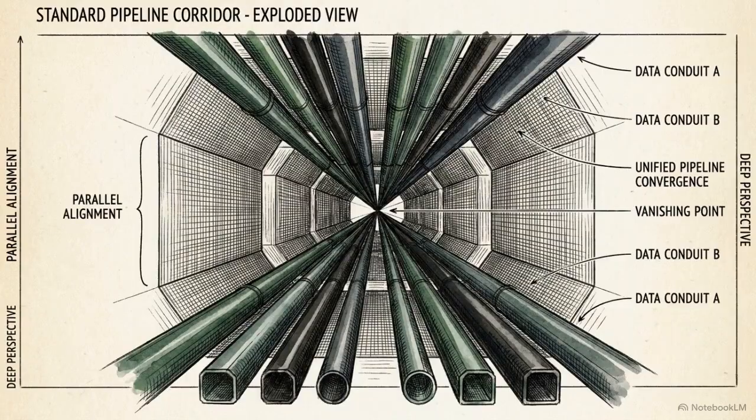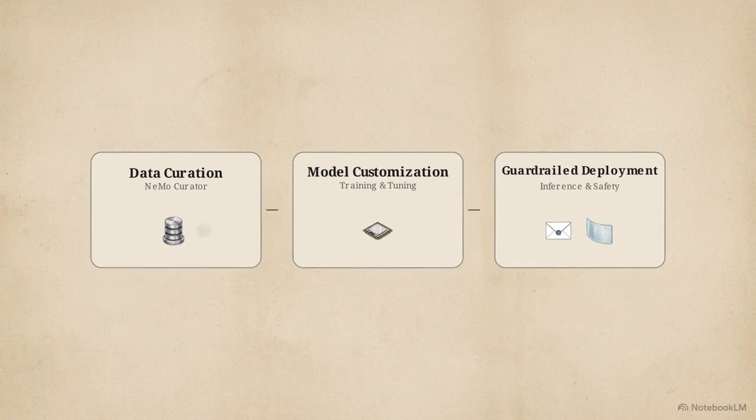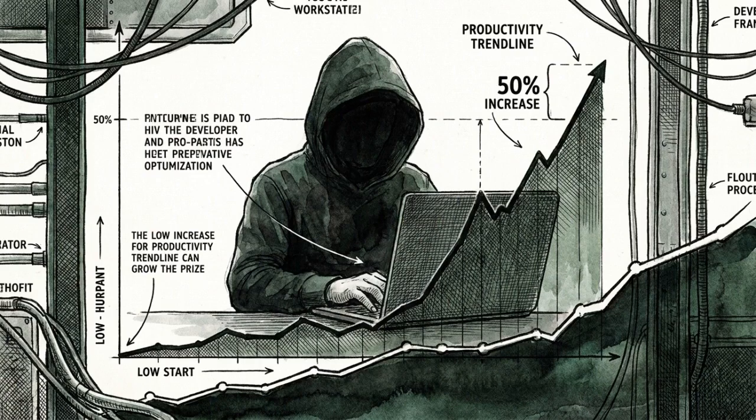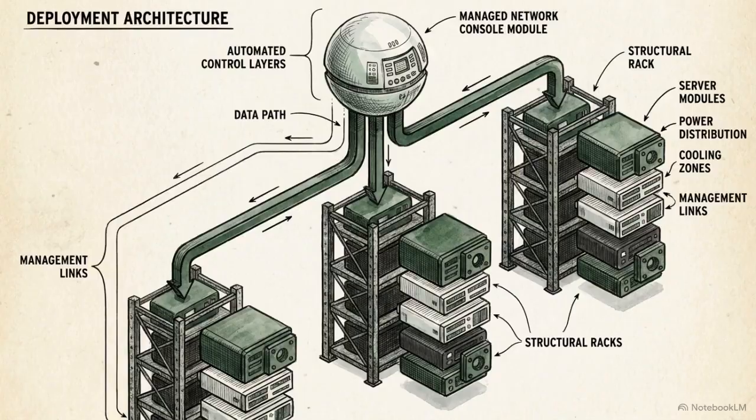When we look at the complete pipeline, the primary value of the NeMo framework is its architectural cohesion. It is a standardized, composable architecture rather than a collection of disjointed tools. In production, this standardization has delivered a 50% boost in developer productivity. It removes the manual scripting burden from DevOps teams by automating the deployment onto GKE clusters.